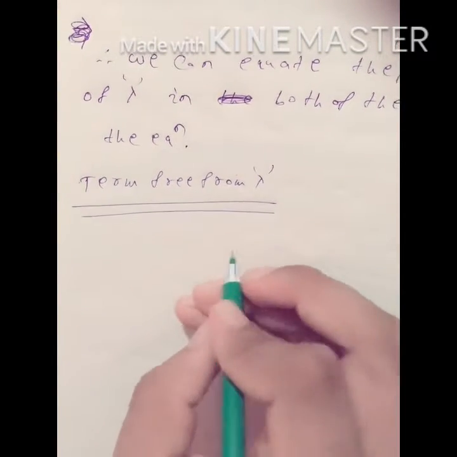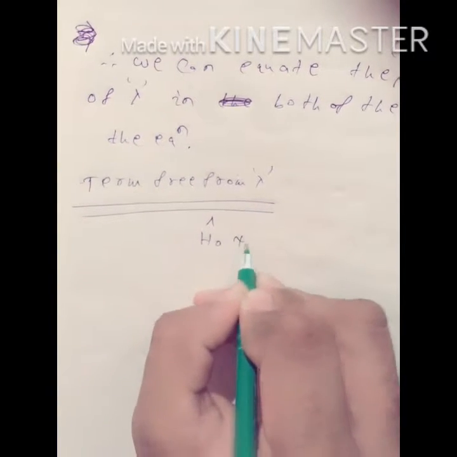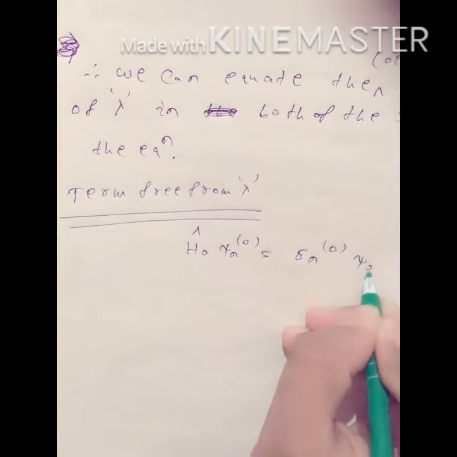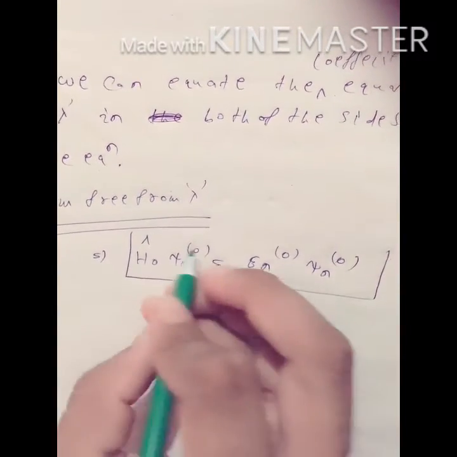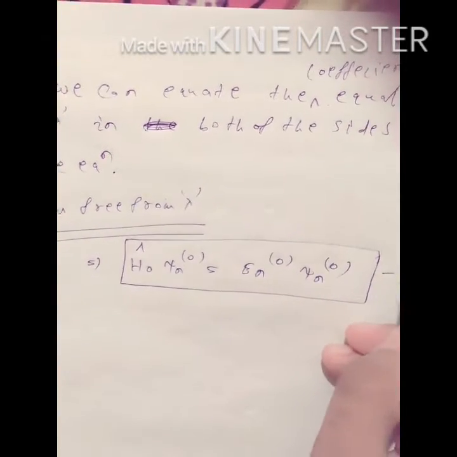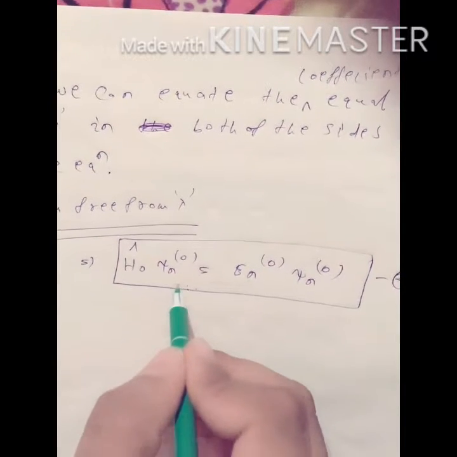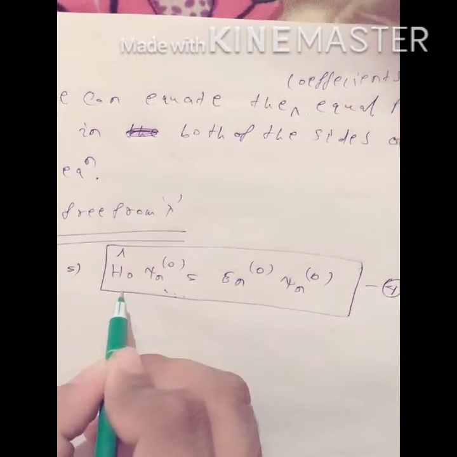Term free from lambda, we get H naught cap psi n0 equals En0 psi n0. This is equation number 4. This is the Schrodinger equation of H naught cap.